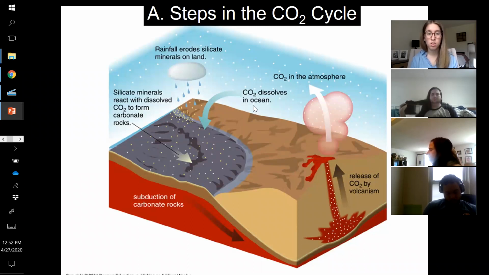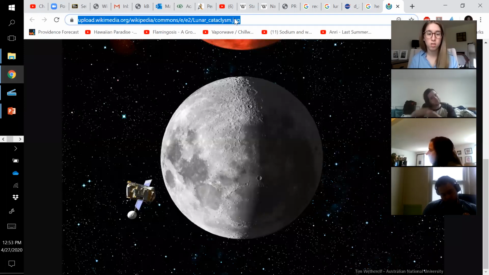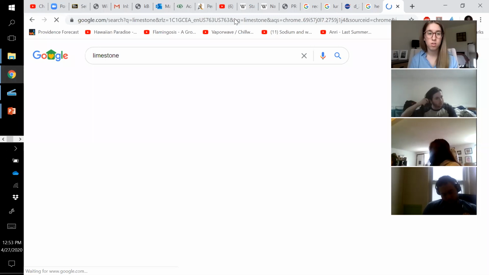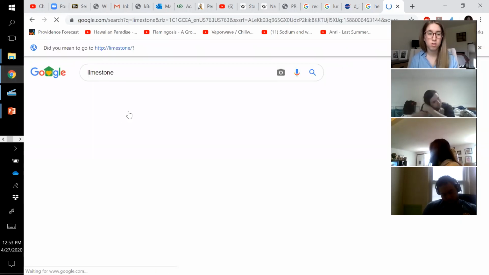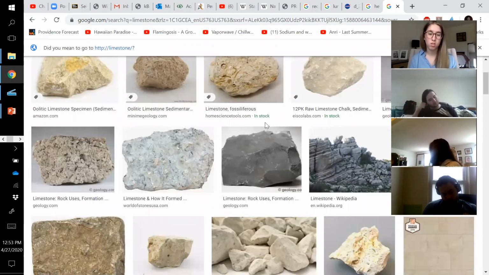It turns out that if you combine carbon dioxide, silicate rock, and water, you can make a type of porous rock called limestone. There are other examples of carbonate rock as well, but limestone is maybe one of the best. Let's look at a high-resolution image of some limestone rock.